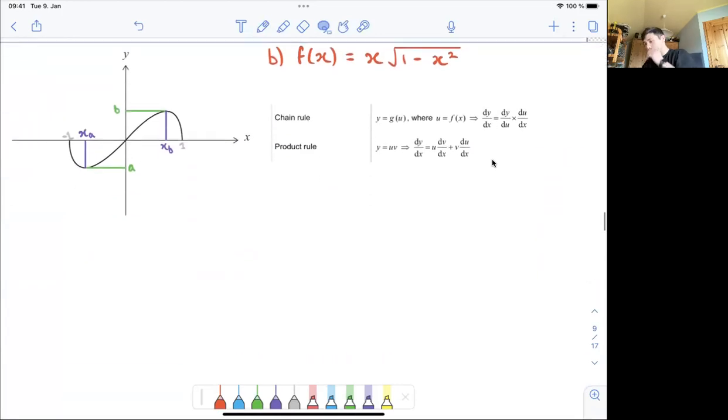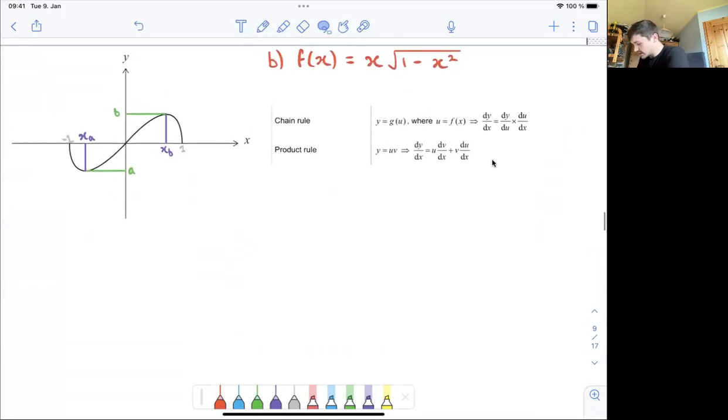Okay, so let's just look at the product rule for now. So when y is equal to uv, the derivative of y is u multiplied by dv/dx plus v multiplied by du/dx. Sometimes this is written as u'v plus uv'.